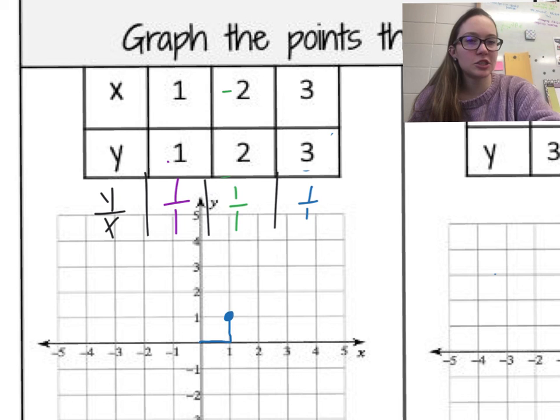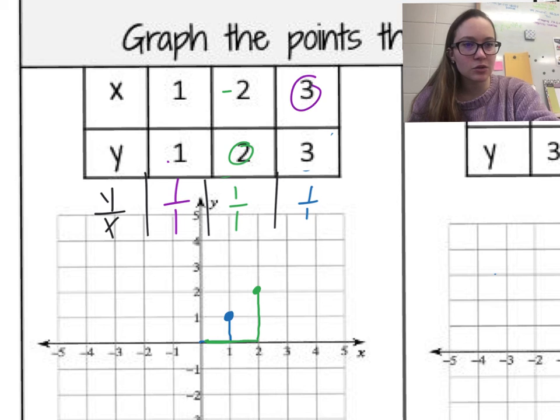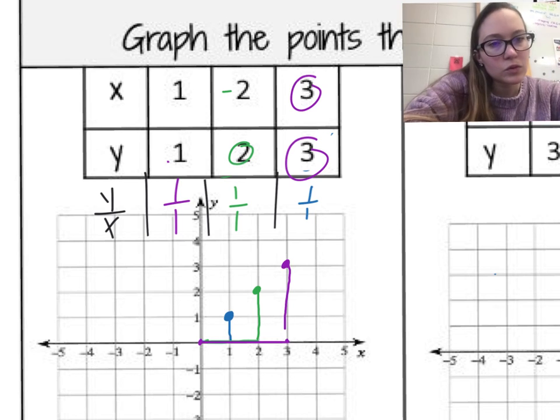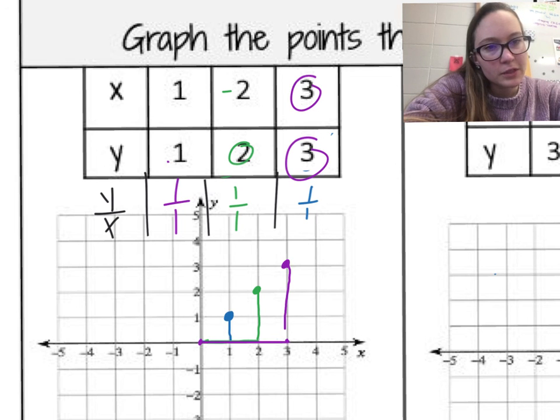Next point, x is 2, so I go to positive 2, y is 2, so I go to positive 2. Last point, x is 3, so from the origin I go over to 3, then y is 3, so I go up to 3. Then I get a ruler. I draw a line going through the middle of those points.